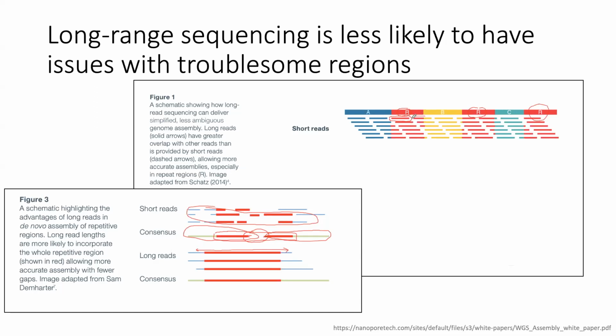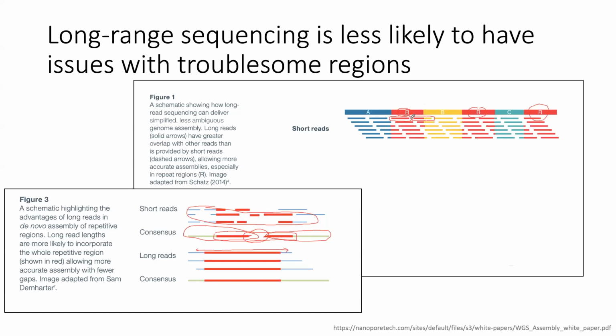Also, when you look at the non-repetitive regions that are flanking, we don't necessarily know the relationship between R and B, because in theory, it could be here.